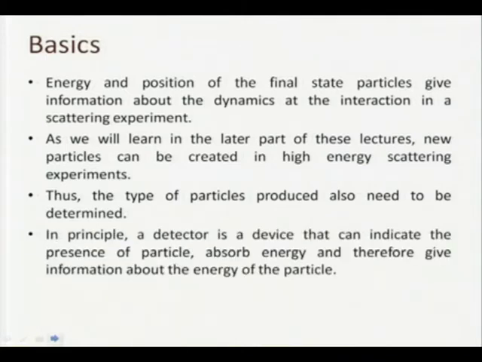In principle, a detector is a device that can indicate the presence of a particle, absorb energy and therefore give information about the energy of the particle, and tell from the position of the detector where the particle is detected. Our eye is a detector.